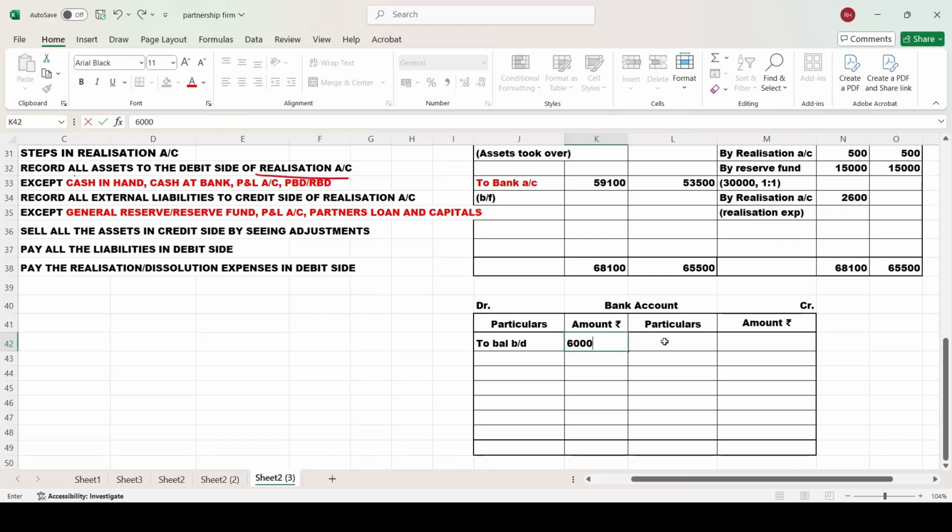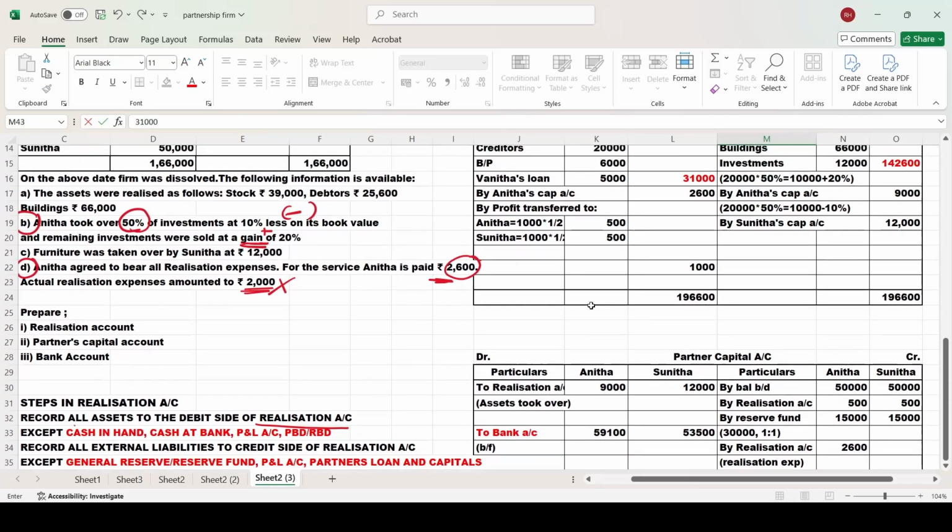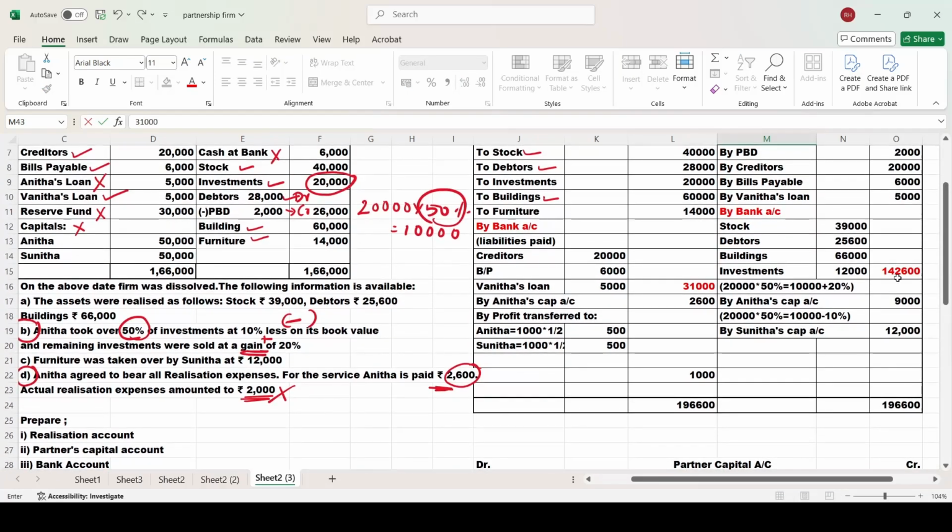We'll take it here by realization account, liabilities paid. How much is it? We have just seen, 31,000. Now again come to this side. Here we have bank account again, that is 1,42,600.